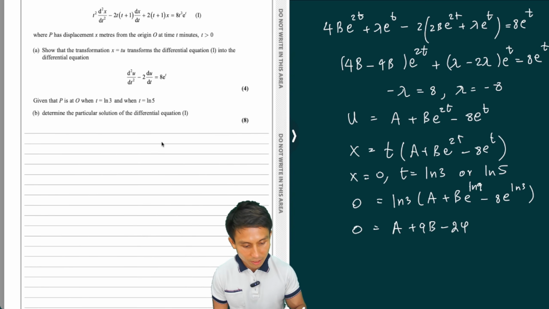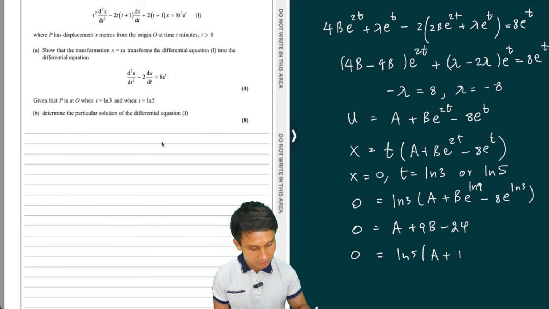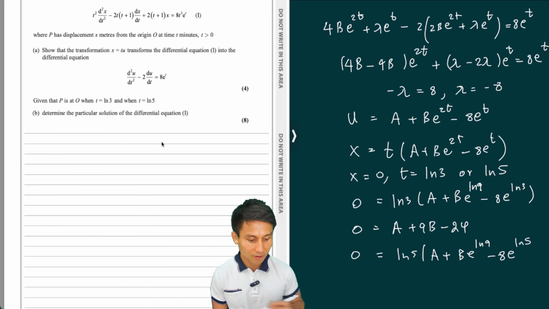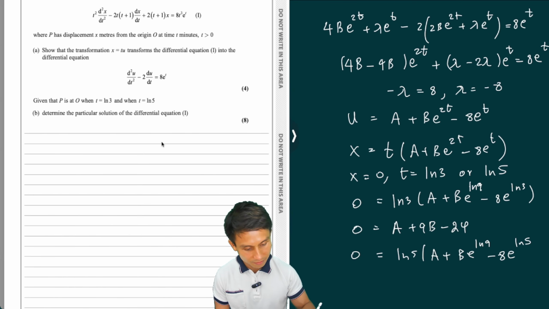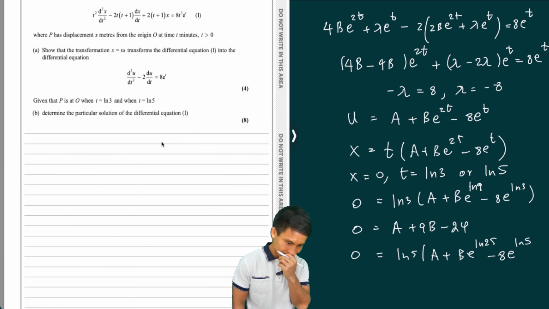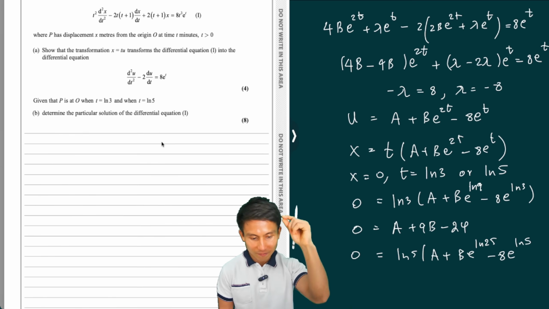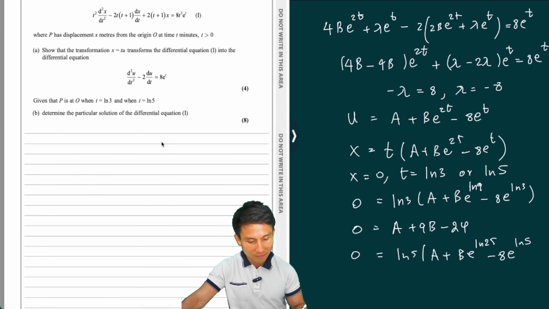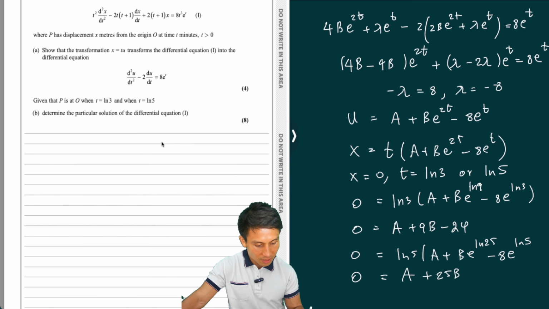For the other condition, 0 equals ln 5 times a plus b e to the 2 ln 5, which is 25, and minus 8 e to the ln 5. So ln 5 cancels again: a plus 25b minus 40, since 5 times 8 is 40.